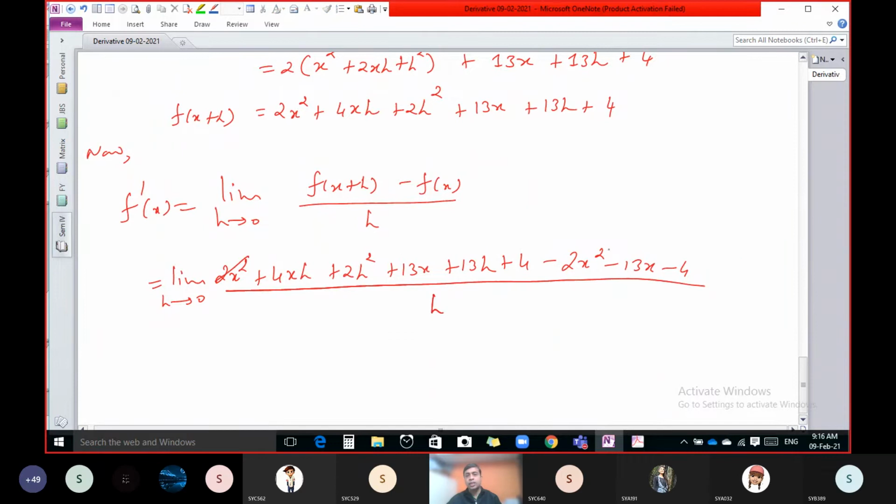So 2x square cancel, 13x cancel, plus 4 minus 4 cancel. Now see what we have in numerator: 4xh plus 2h square plus 13h upon h.